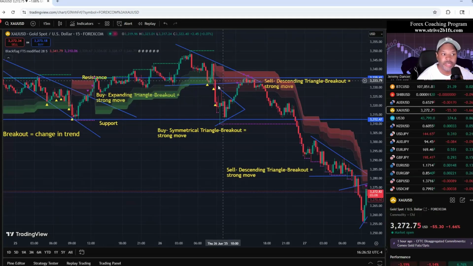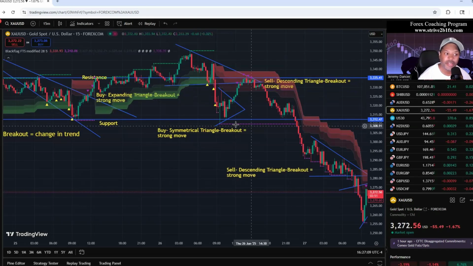So we can see here the first opportunity to sell was right here. So you would have sold here. And just like I mentioned before, because this is a triangle, our area to take profit is going to be the support zone since we're selling.